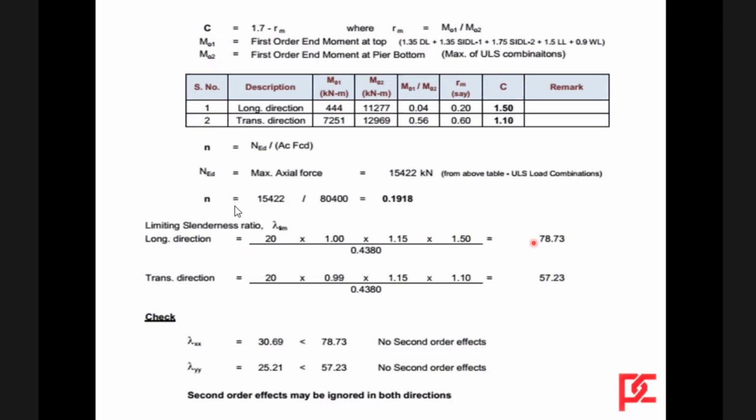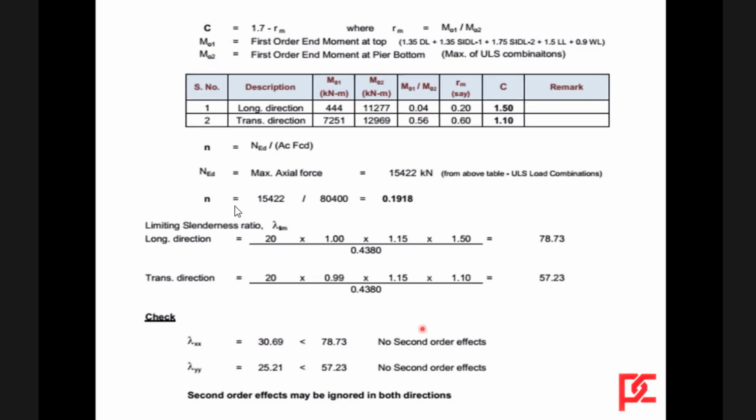We get 78.73. This is a limiting value beyond which you need to take second order effects. This is in the longitudinal direction, we get a coefficient 78.73 and transverse direction 57.23. Whereas actual slenderness that we get is only 30 against allowable 78.73.